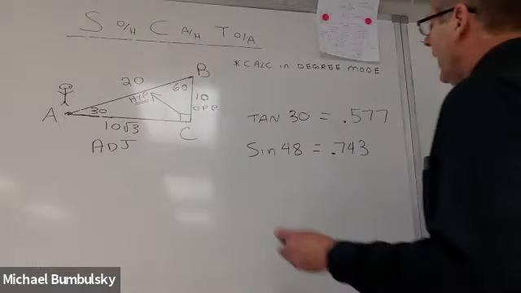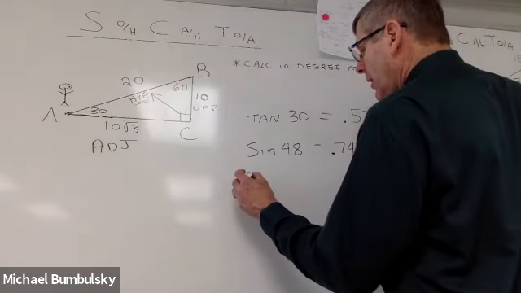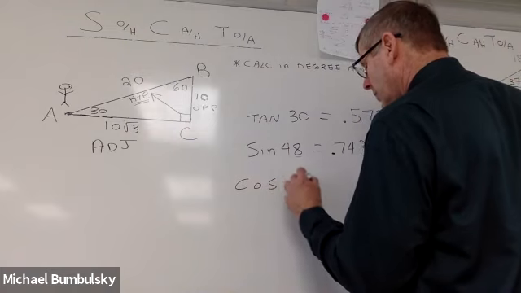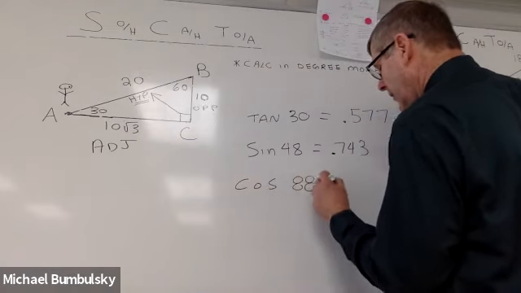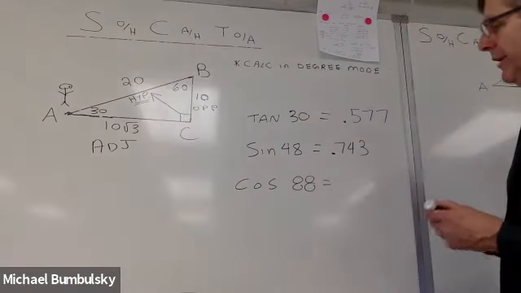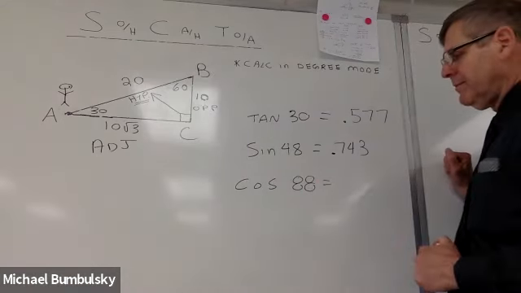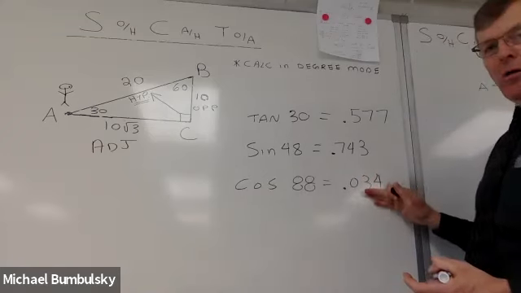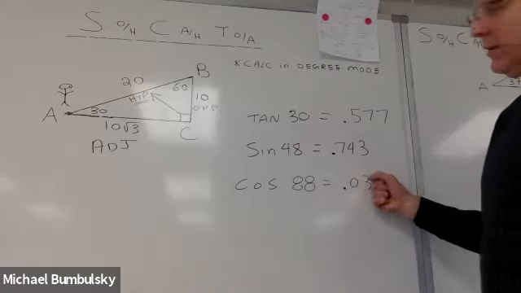Just to make sure, let's look at cosine of 88. What do you get the cosine of 88 to be? 0.034. It's really small, but it's still between 0 and 1.